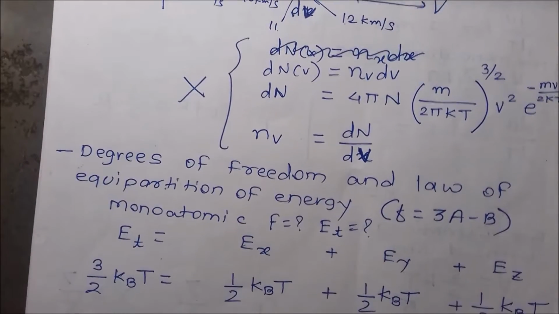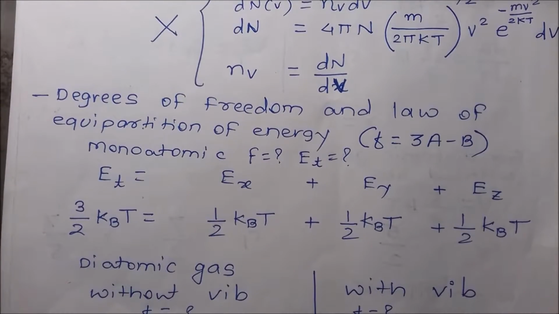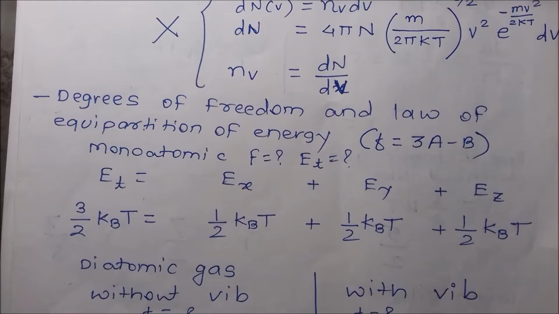Then degrees of freedom and the law of equipartition of energy. What is the law of equipartition of energy? Total energy is equally distributed in all possible energy modes, each having half kBT energy.